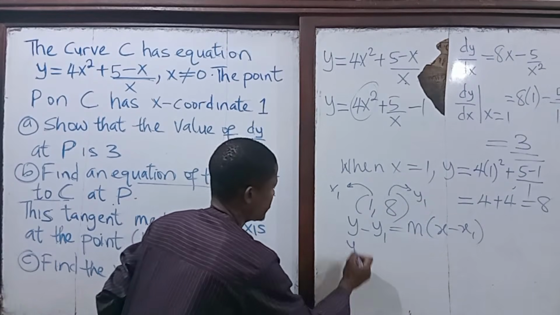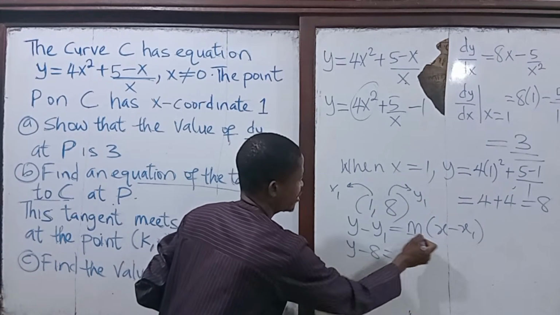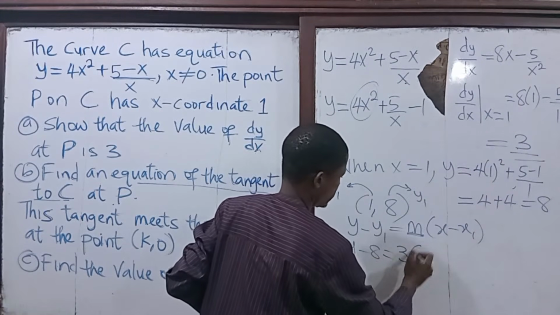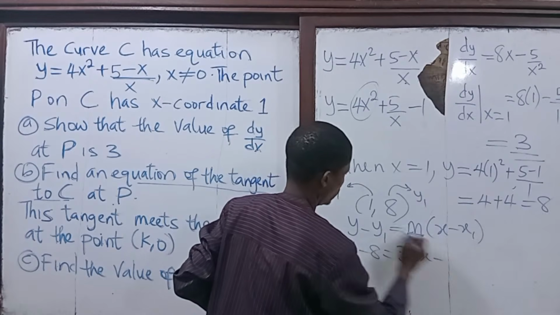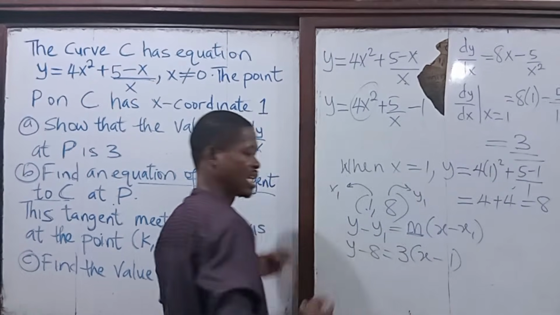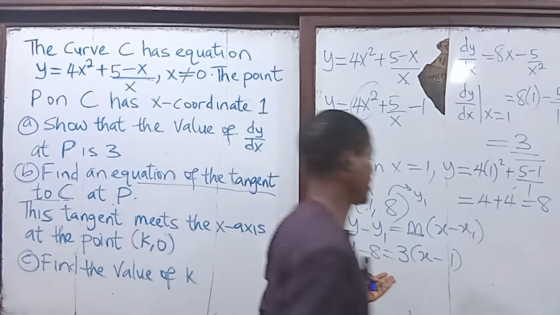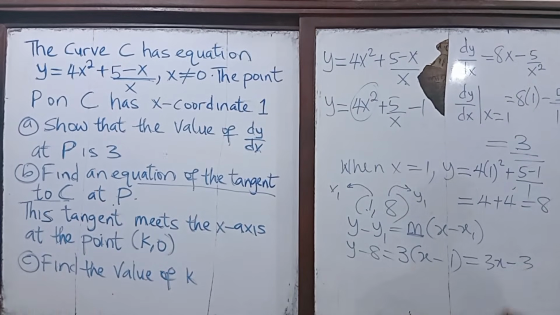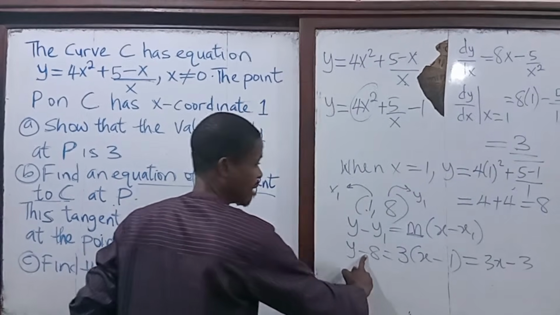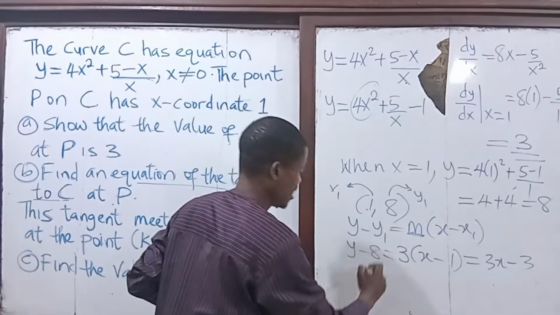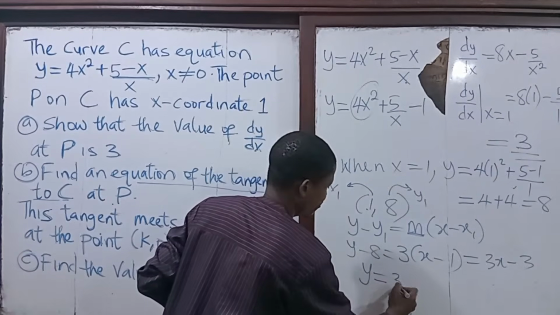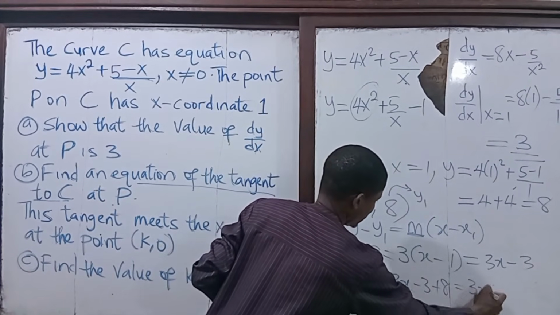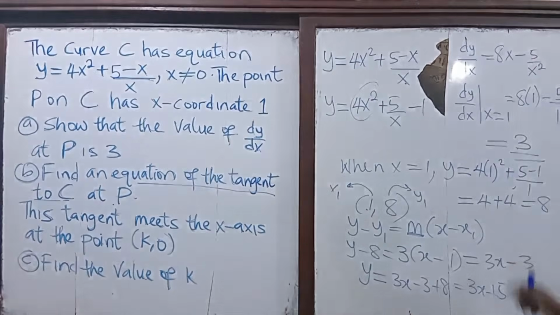So we have y minus 8 equal to, my slope is 3, times x minus 1. Then you can open the brackets, and that will be equal to 3x minus 3. Then we can move this minus 8 to the other side, and y equals 3x minus 3 plus 8, and that's 3x plus 5 on that question.